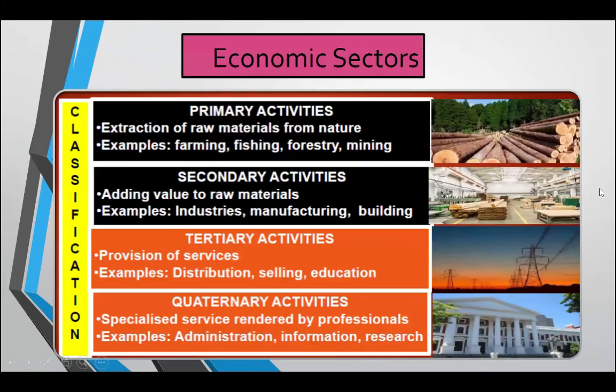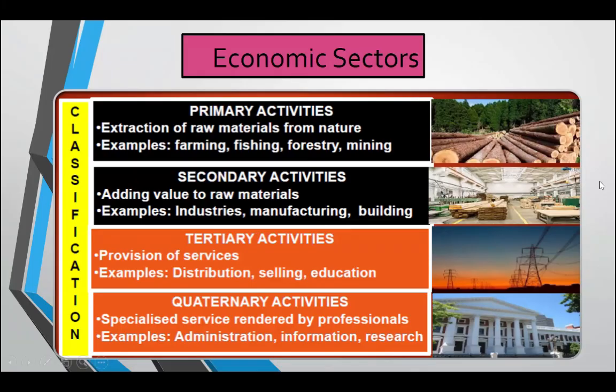We're going to be looking at economic sectors. We have already explained that primary activities, or the primary sector, refers to the extraction of raw material. So there is no processing, just extraction of raw material. Secondary is manufacturing of goods, or adding value to raw material, or processing raw material into finished goods.